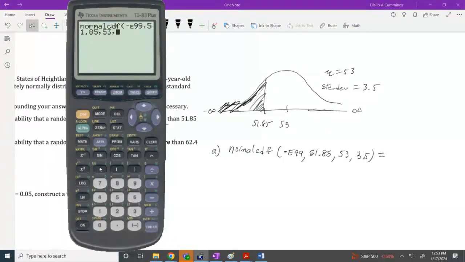I put in my -e because you want to make sure you use that negative one at the bottom and not the minus. Right, and you should get 0.371.